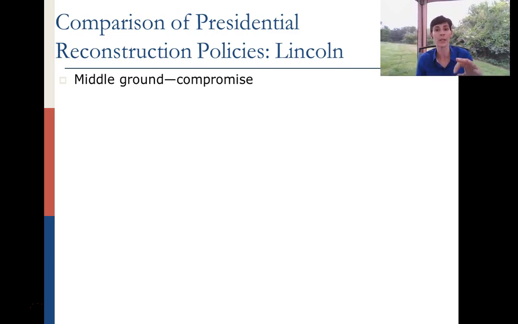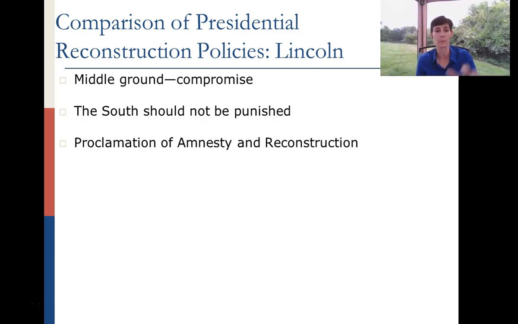He really wanted a relatively fast way to get the Southern states back in. He firmly believed that the South should not be punished. With punishment comes revenge seeking, and with revenge seeking comes bitterness, and with bitterness, you can't reunify. You can't have a truly unified country with bitterness and revenge seeking. So he really believed the South should not be punished.